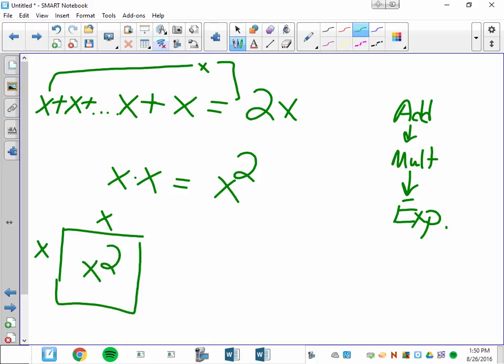That's all we're doing. Does that make sense? So when you're adding things together, you turn them into a multiplication problem. When you multiply things together, you change the exponents. Sometimes you can add, and sometimes you can't. You can always multiply, but the rules are a little bit different.